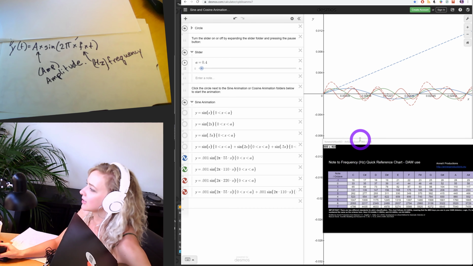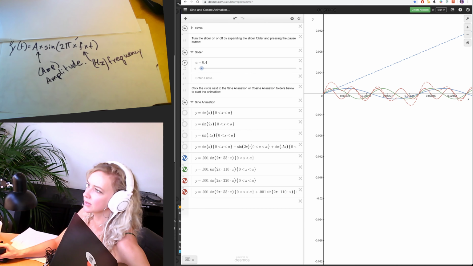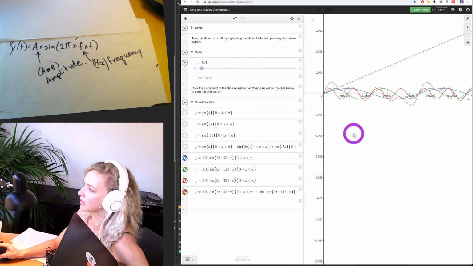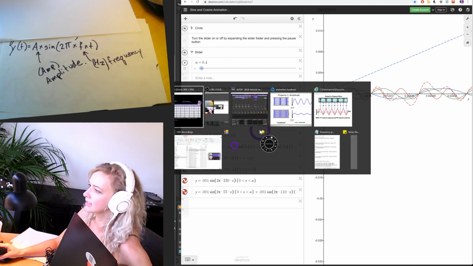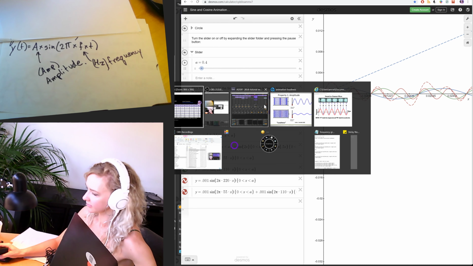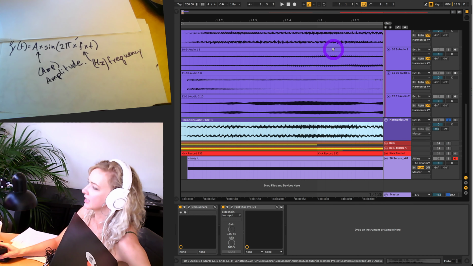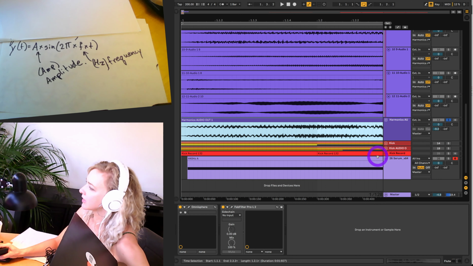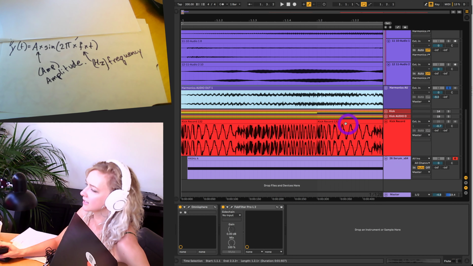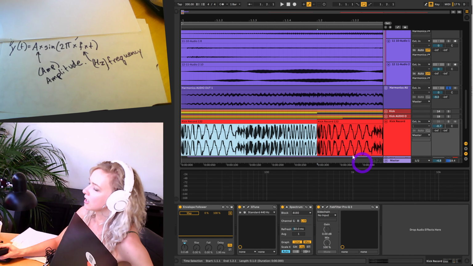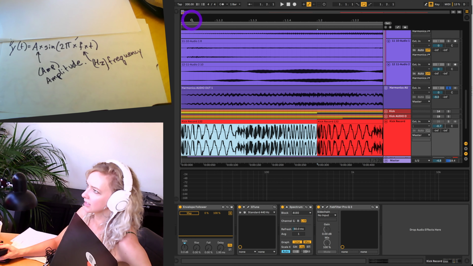Just going back to your DAW, if this isn't too hypothetical for you. The reason why you can learn this stuff is so you can apply it to your music production. So when we look at a kick like this, like I was using in my tutorials, we see really low frequency oscillations here.